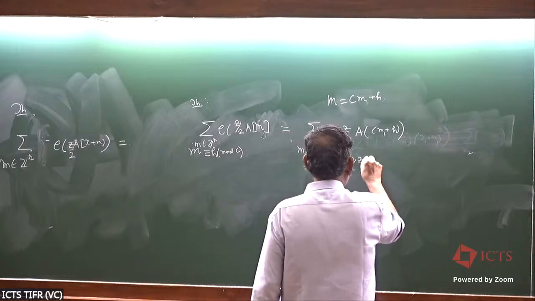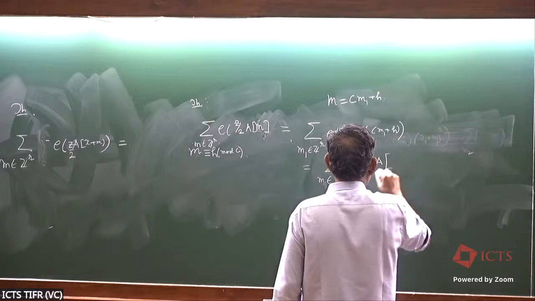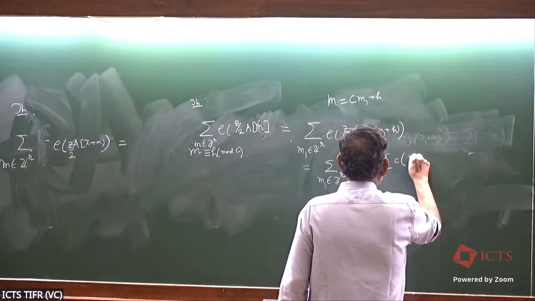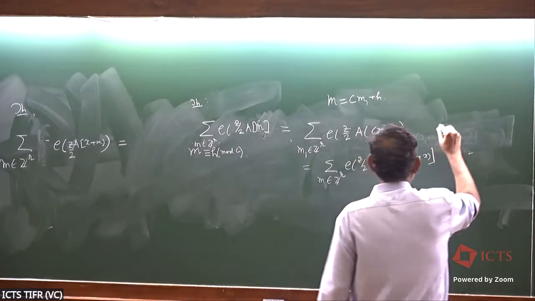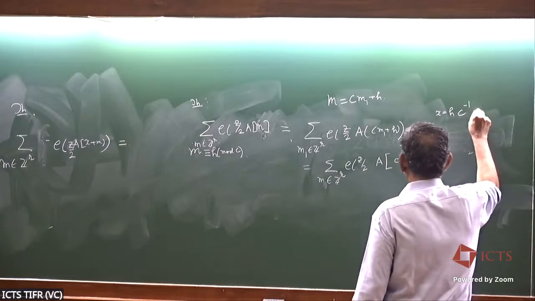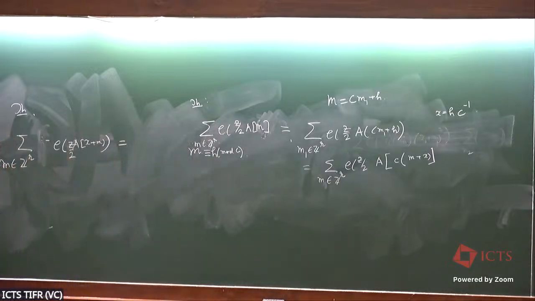E of z over 2 into a of c into m plus x, where x is equal to h times the c inverse. Earlier I had Cm plus h, and the Cm plus h I am writing as C times m plus x, where x is equal to c inverse times h.